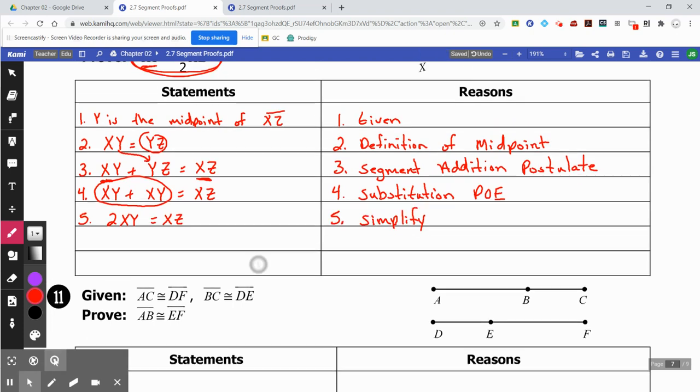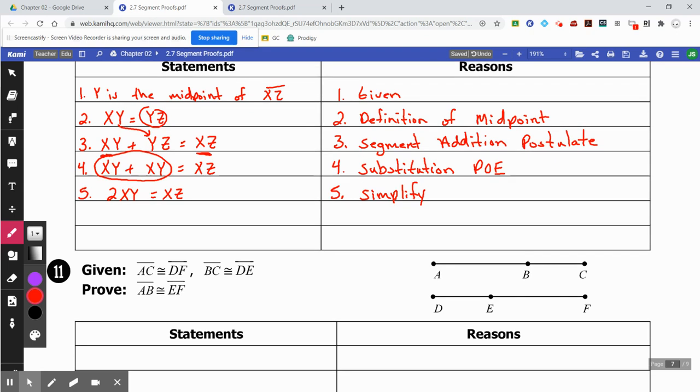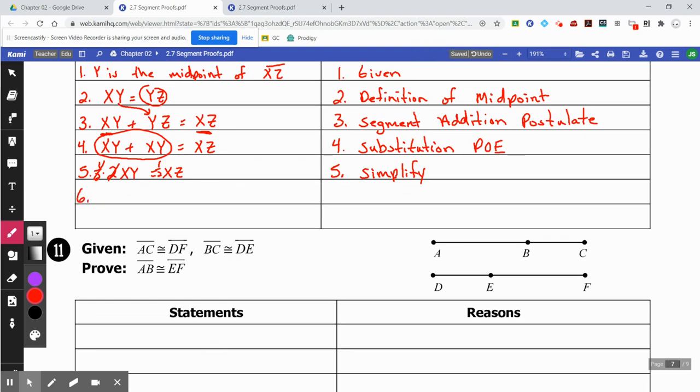Now to get from there to what I'm trying to prove, all I have to do is multiply both sides by a half. Half of 2 cancels out, and half of XZ is what I'm trying to prove. So in statement number 6, I can say that XY is equal to 1/2 of XZ.